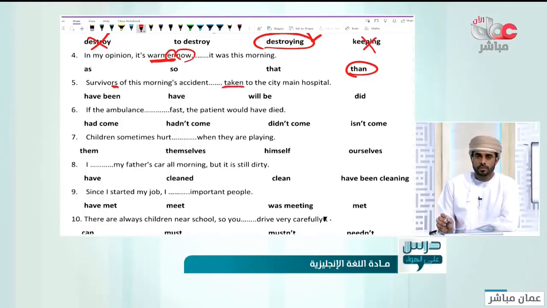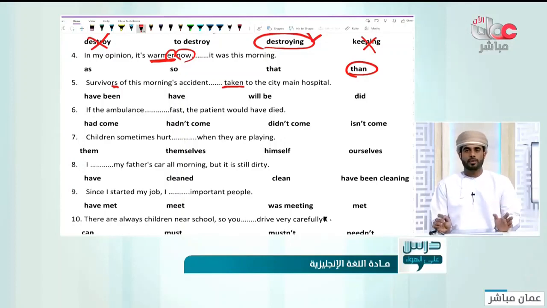Taken is what? A past participle. If it is the past participle, what should we have before the past participle? Good. Before the past participle, we can have the past perfect or the present perfect, and we may have the passive. So either the past perfect, or present perfect, or the passive. Which one is good?